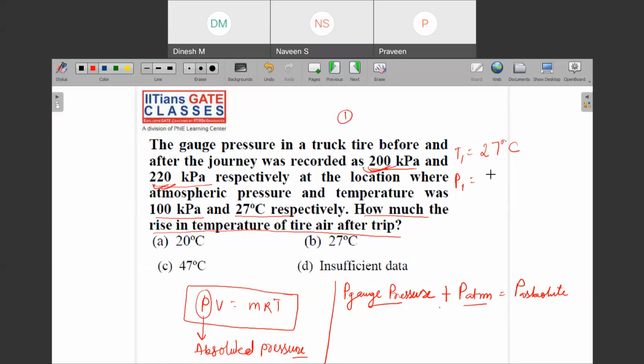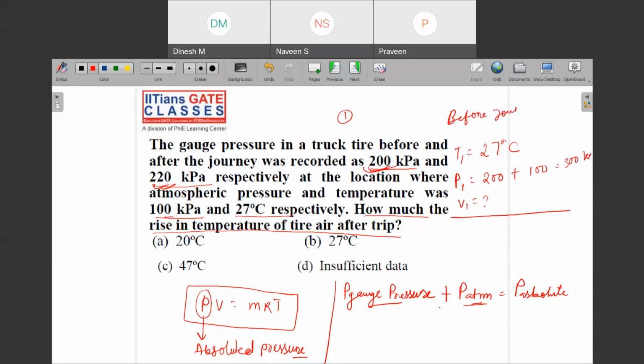So 200 plus the atmospheric pressure of 100. P1 is the gauge pressure 200 plus the atmospheric pressure 100, so this becomes 300 kilopascal. And then volume one? This is not mentioned. This is before the journey.